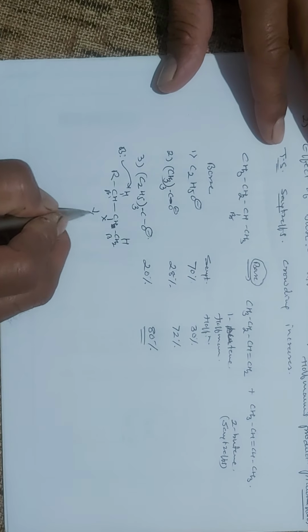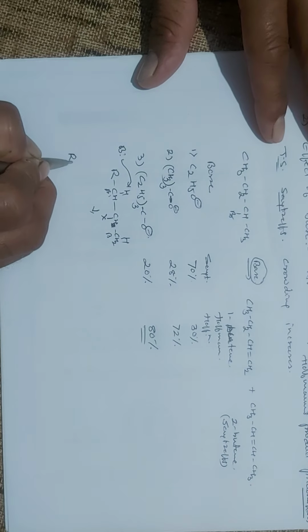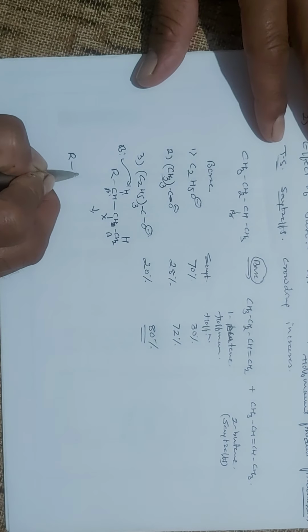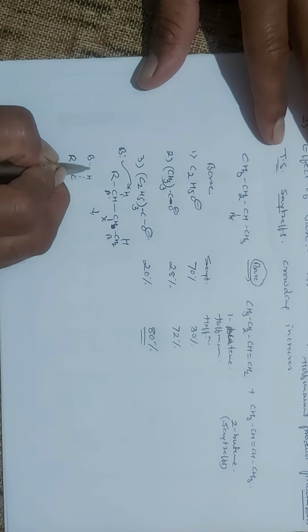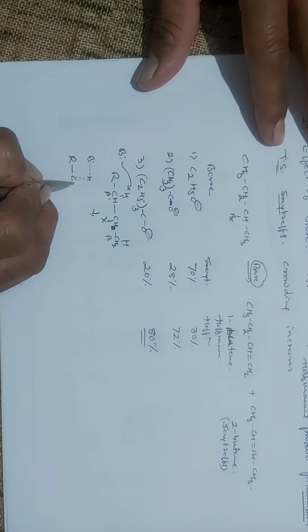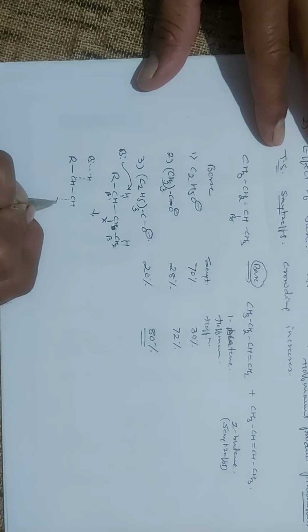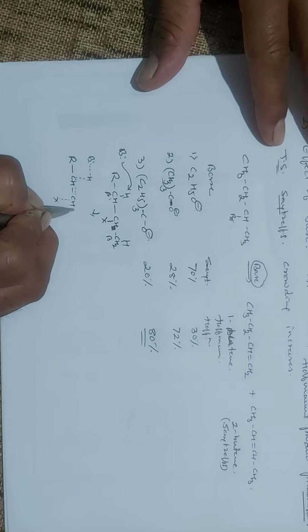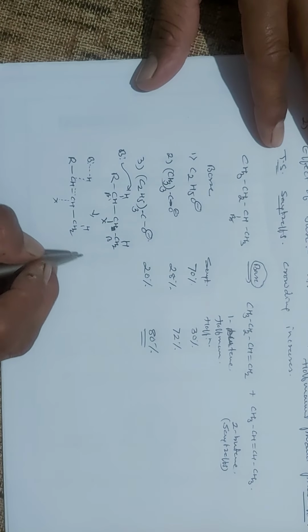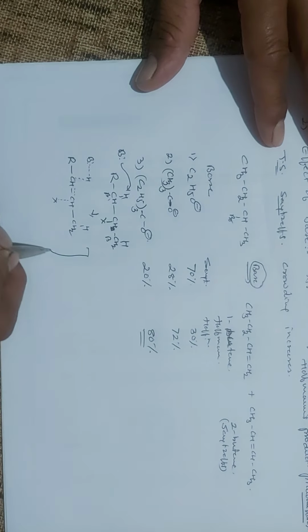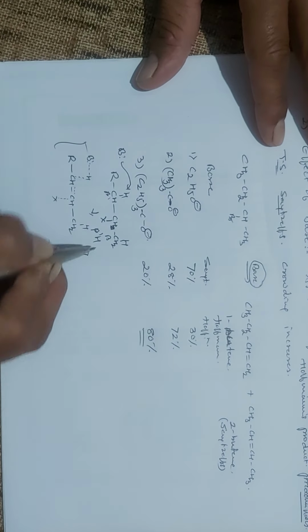Here you are going to get the transition state in which the beta dash hydrogen is eliminated.